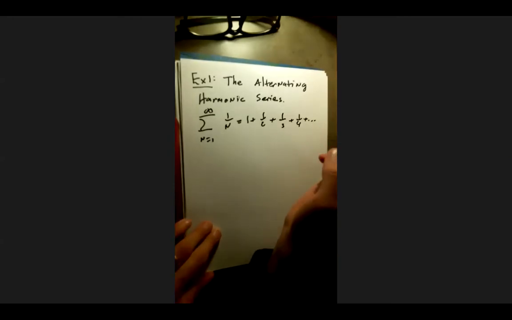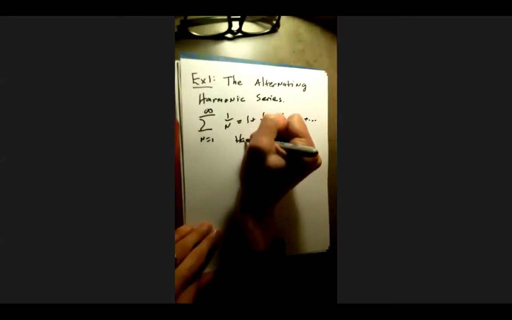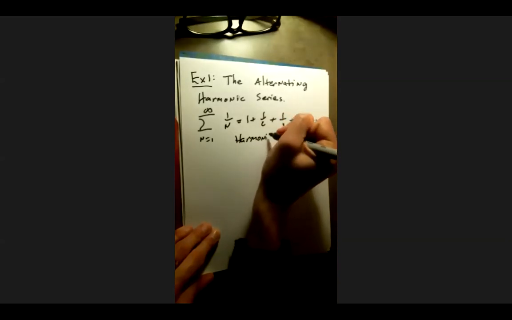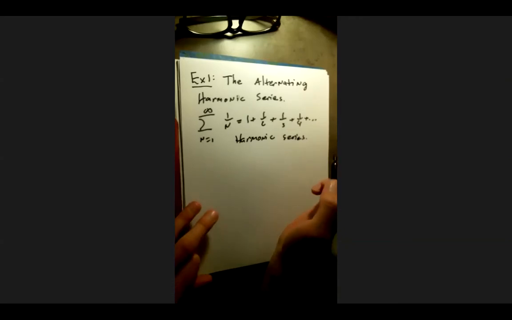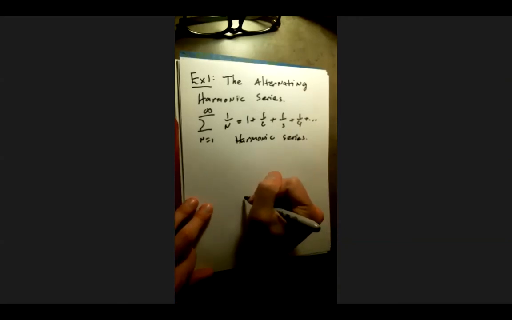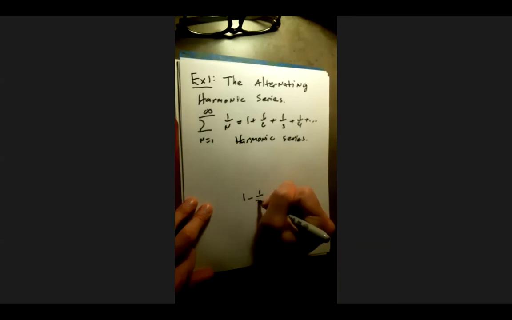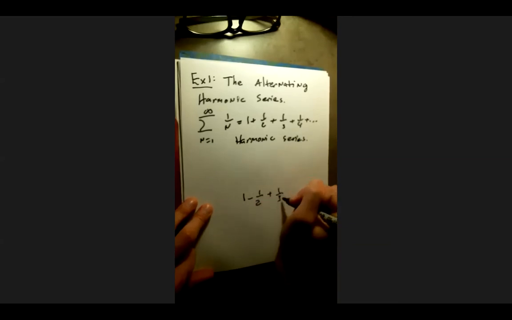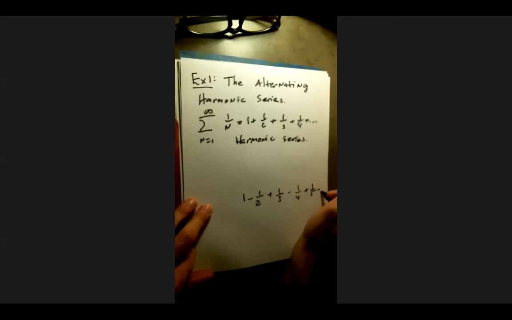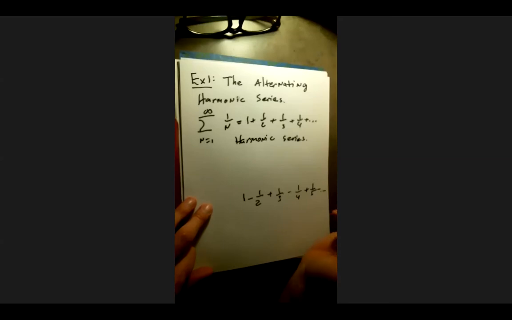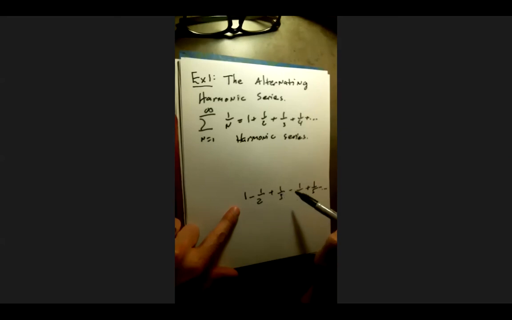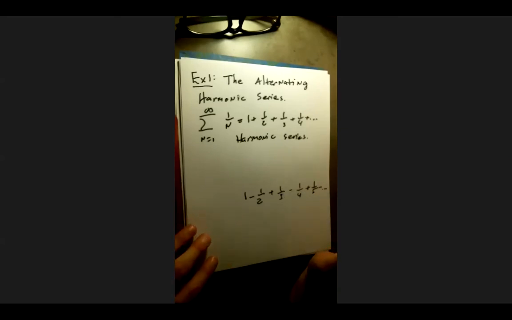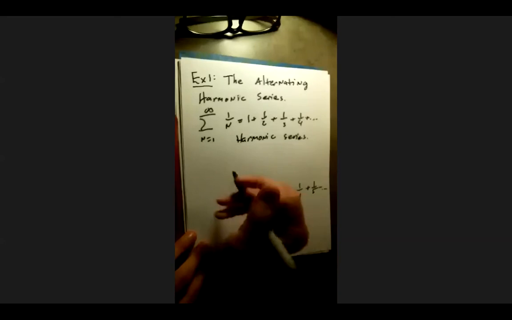So this is the harmonic series. The alternating harmonic series is going to go 1 minus 1/2 plus 1/3 minus 1/4 plus 1/5 minus et cetera. So it's the same terms as above, but now they're alternating plus minus, plus minus. Let's see if we can write down the formula for that.